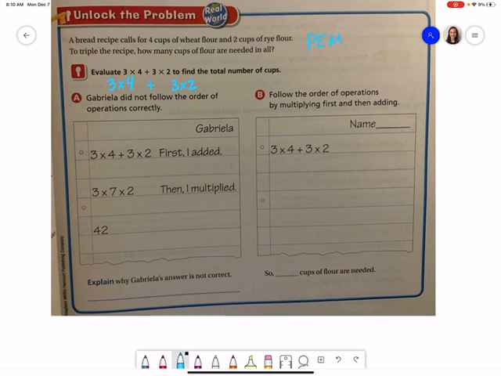I need to know my order of operations. Let's underline the symbols that we see for our operations. We have multiply, add, multiply. I'm going to go ahead and underline those. Which of those is going to come first, multiplication or addition?